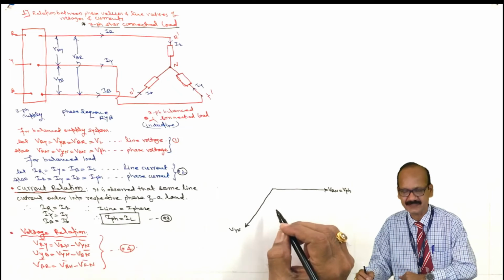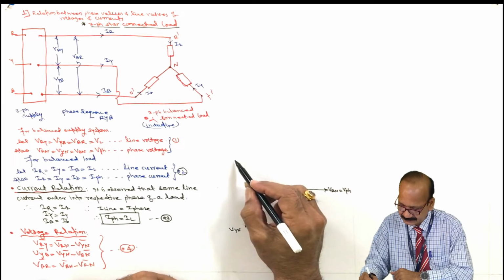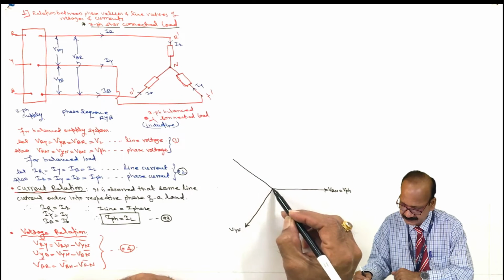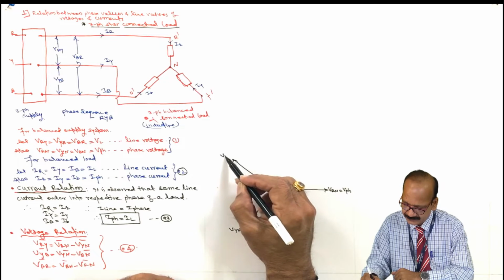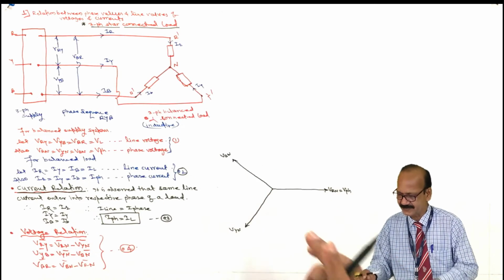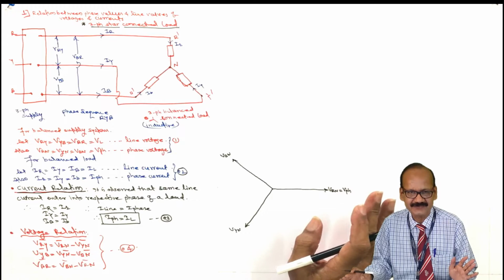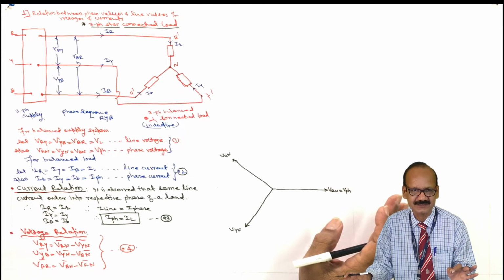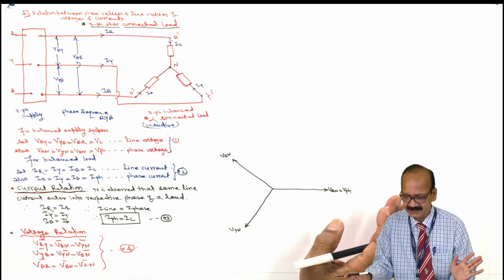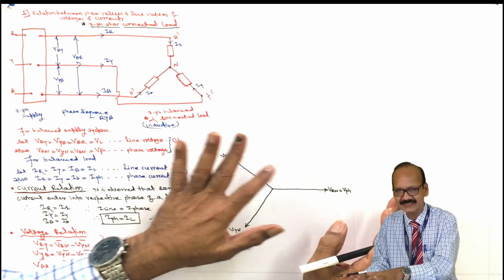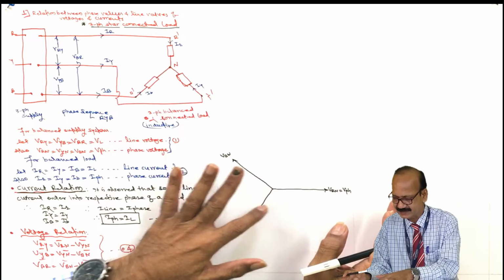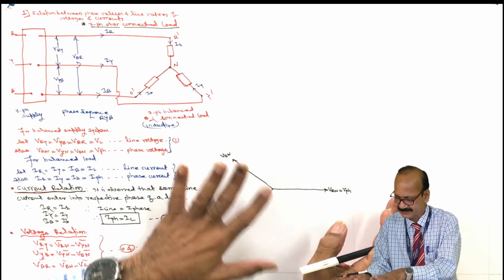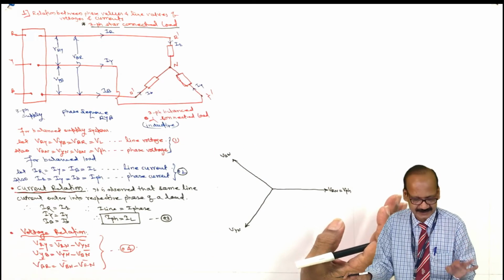This is nothing but VPH, and this is VBN. This is also VPH. So we have drawn all the phase voltages equal in magnitude and displaced from each other by 120 degrees electrically apart. For simplicity, to avoid the complications, I am not showing here the 120 degrees electrical, but it is drawn at 120 degrees electrically.